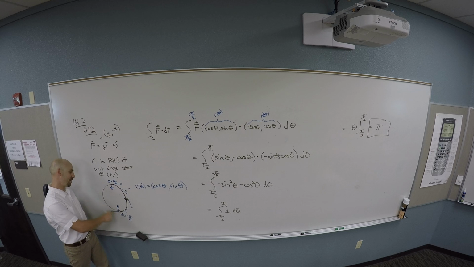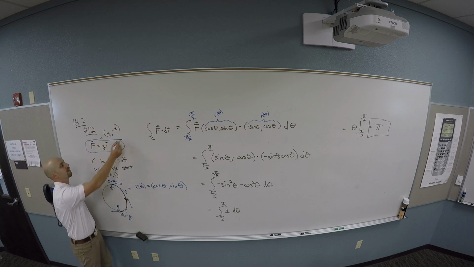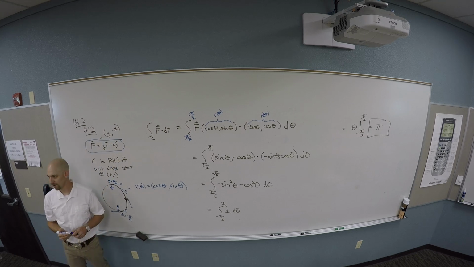So if I want to get from here to there, if I go this way, it's all uphill, all into the current. If I go this way, it'll be helpful, it's all with the current. So this is a vector field that's not path independent. It matters which way you go to get from point A to point B. Cool?